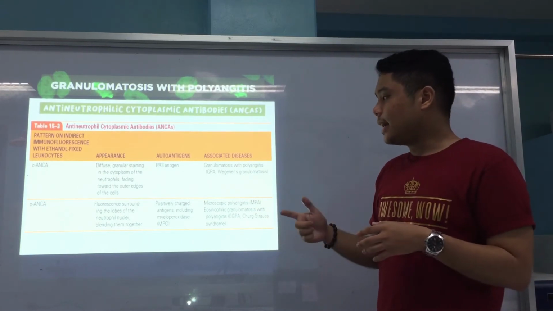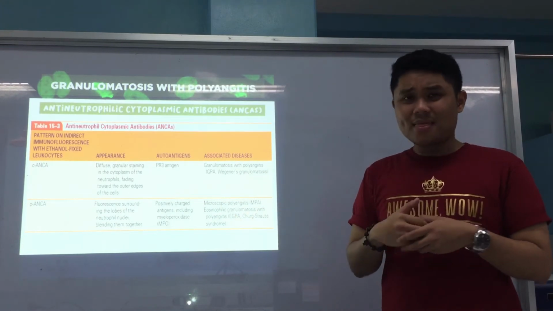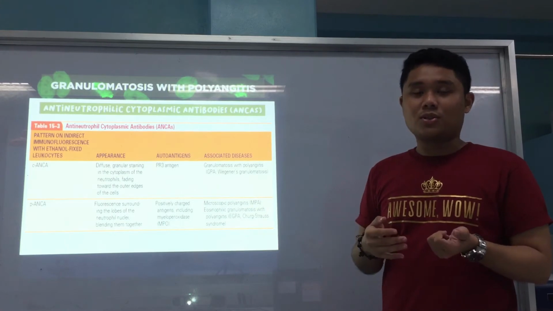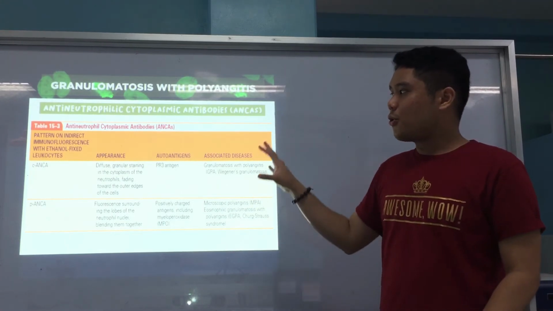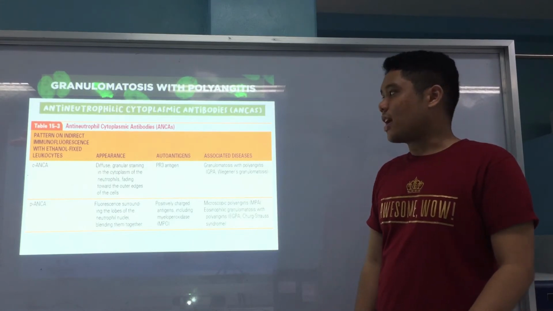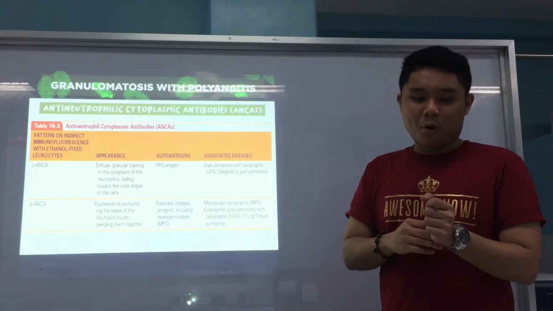Alright? And again, still the same, we have autoantibodies that attack the antigens of the neutrophils, the neutrophil granules. So that's for your ANCAs, anti-neutrophilic cytoplasmic antibodies, for granulomatosis with polyangiitis.